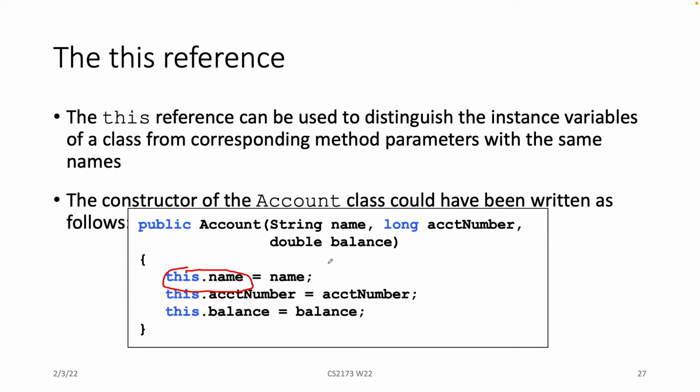In this particular case, because name is syntactically a local variable, and local variables of the same name as an instance variable will basically shadow them, is the term. You don't have to remember the word shadow, but basically, if I have a local variable of any kind, whether it's an argument or one that I've defined within the method, and it has the same name as an instance variable, then it will overwrite that one.